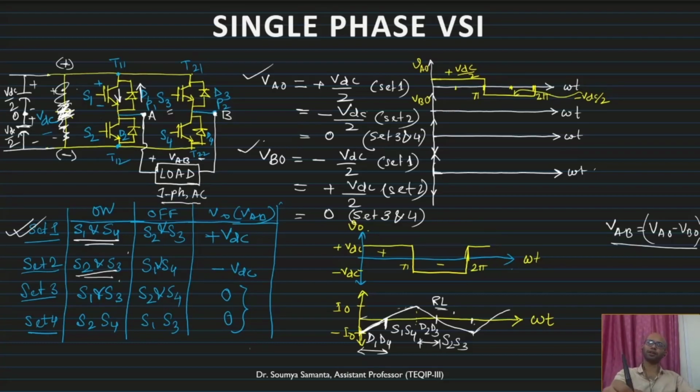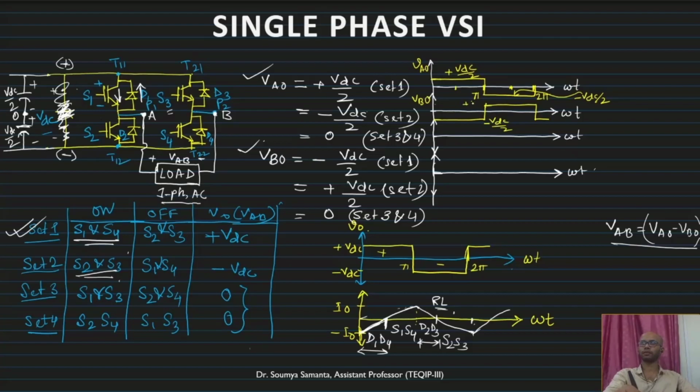I'm pointing this one. So now what will happen to the VBO? For set 1, whenever it is connected to this one, then for the first half cycle we are getting this one. Sorry. So we will get this one. This is plus VDC by 2. This is minus VDC by 2. I am writing here minus VDC by 2.